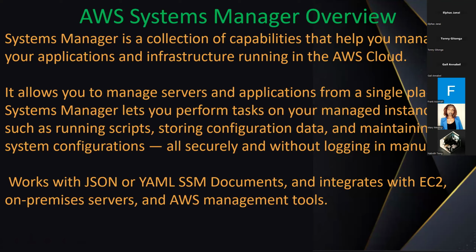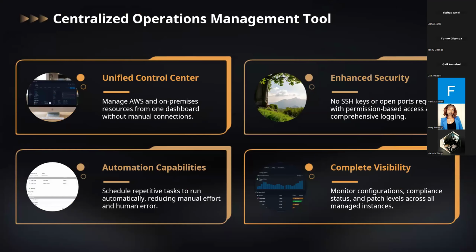It works with JSON or YAML SSM documents, or Systems Manager documents, and integrates with EC2, on-premises, and AWS. It can be used both on premises and on cloud. This is what it offers. It offers a unified control center. It manages AWS and on-premises.